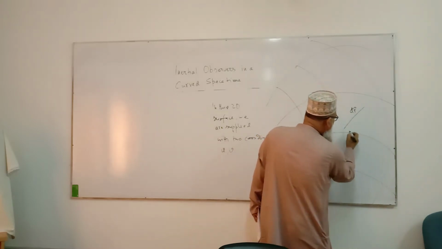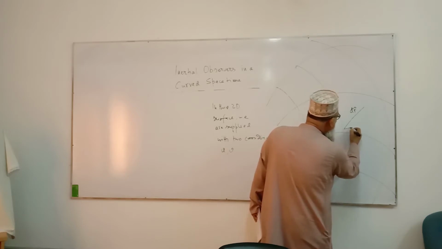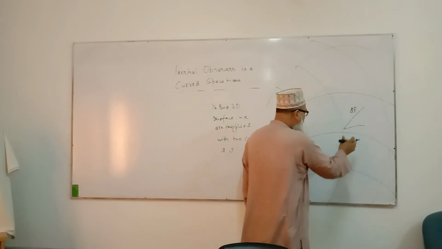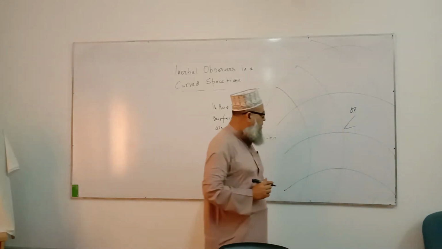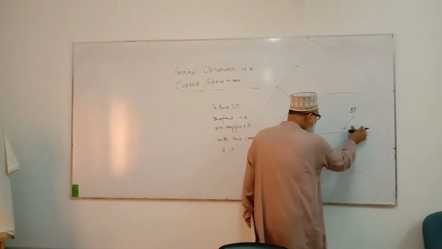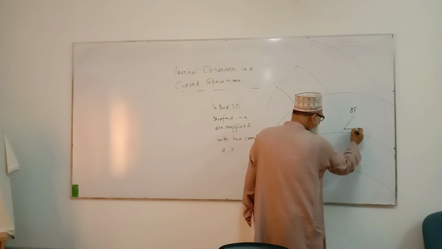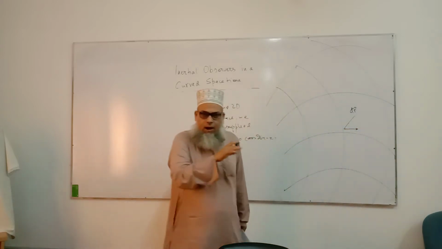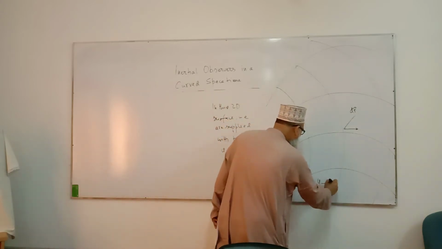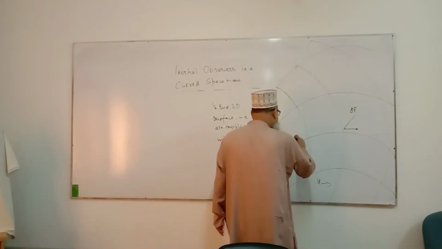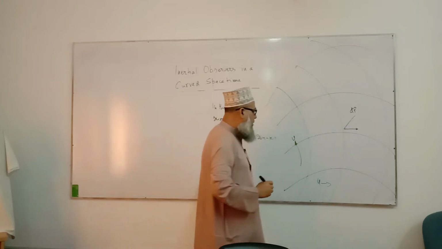U will be parallel to this. You cannot go too far. So you can go this far along the u direction. This is the u direction. This is the v direction.